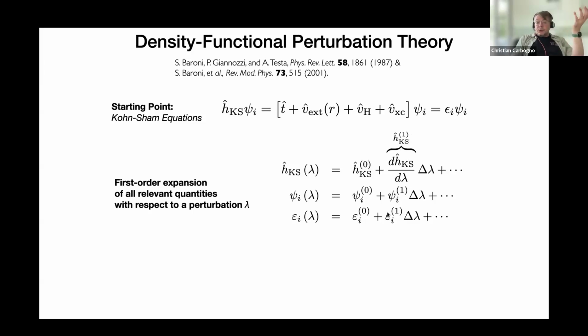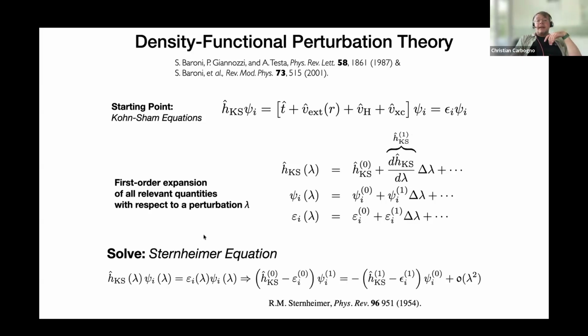Now, using that, we can plug that back into our actual equation, and then by plugging that into the actual Kohn-Sham equation, we get the so-called Sternheimer equation. And this basically tells us how to calculate this perturbation.